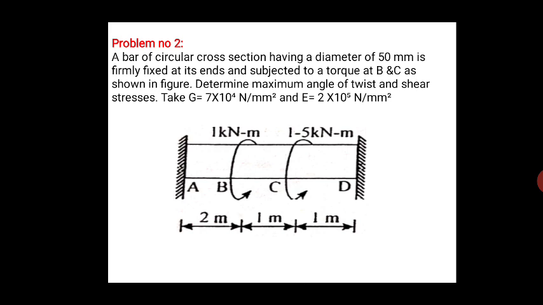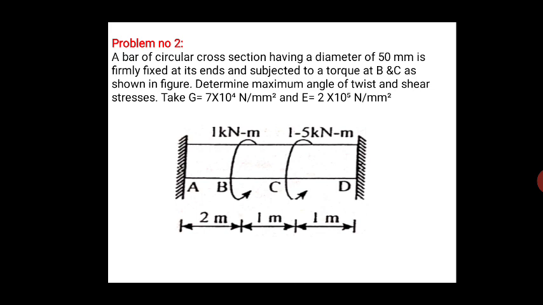Here, a bar of circular cross section having a diameter of 50 mm, which is firmly fixed at its end and subjected to a torque at point B and C as shown in the figure.